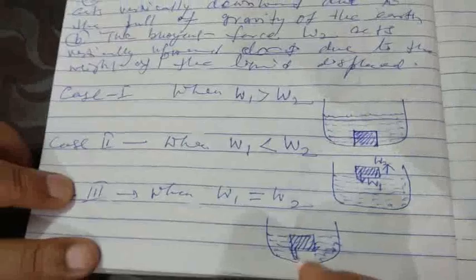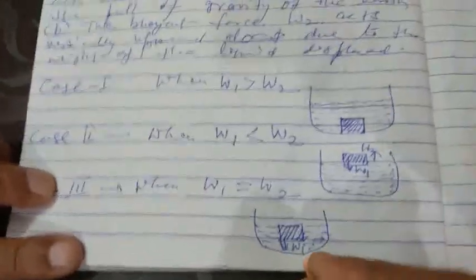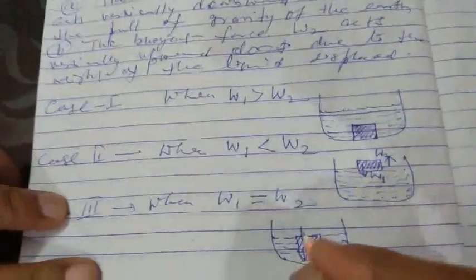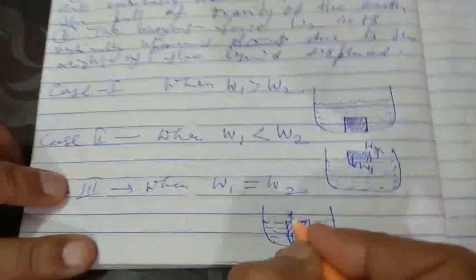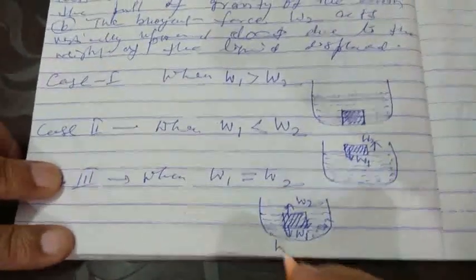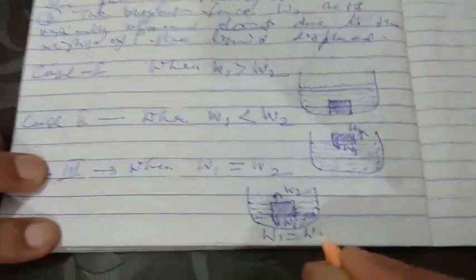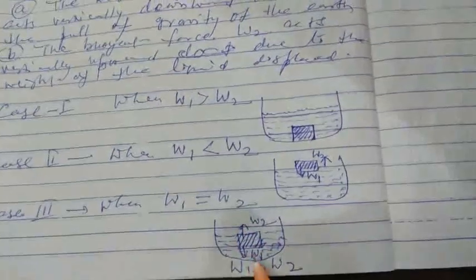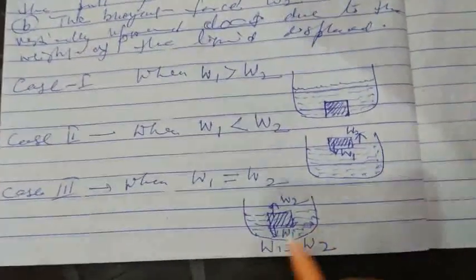The downward force is W1 and this upward force is W2. So when W1 is equal to W2, the body floats just inside the surface of the liquid.